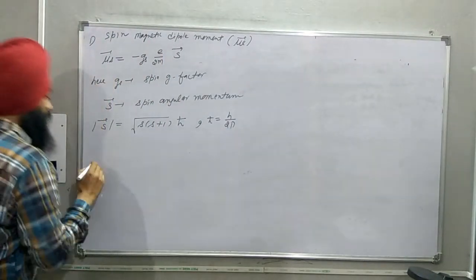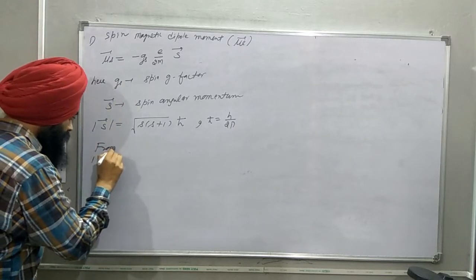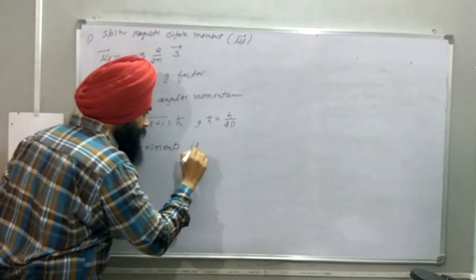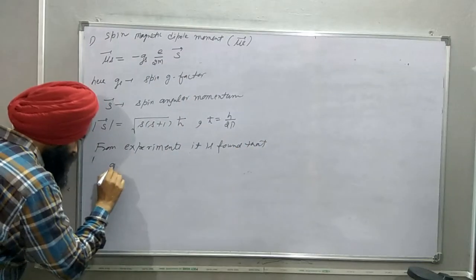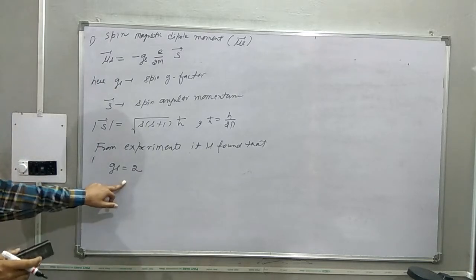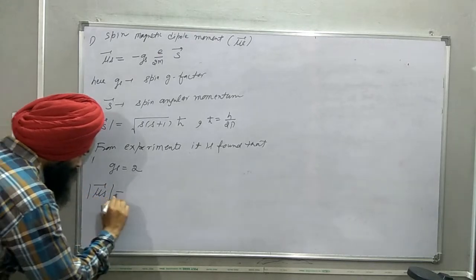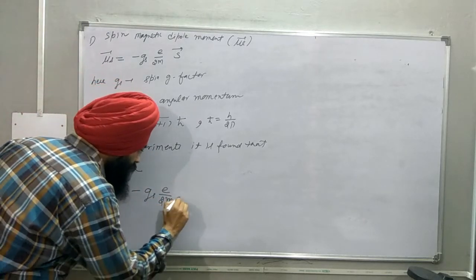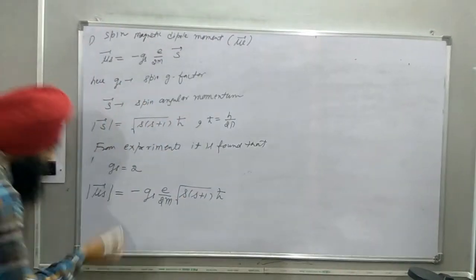From experiments, it is found that the value of gS is equal to 2. The value of gL was 1, the value of gS is equal to 2. So in magnitude we can write minus gS e upon 2m times the magnitude of S, which is square root of S into S plus 1 into h cut.